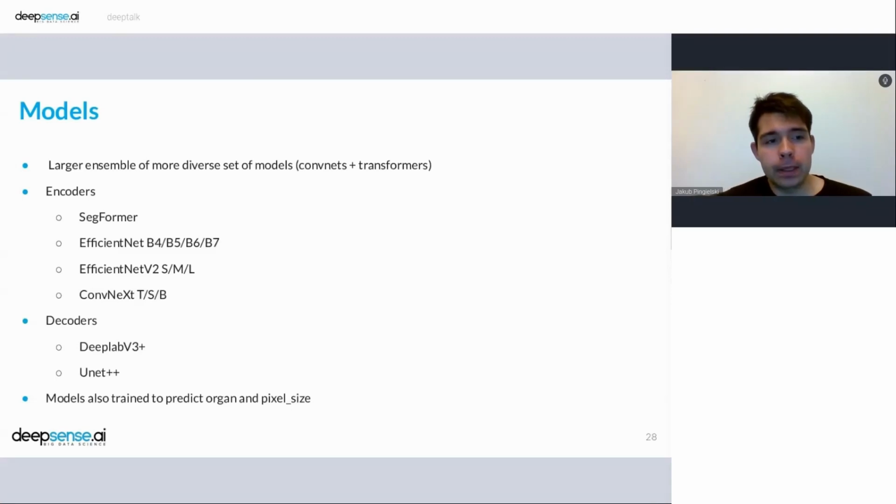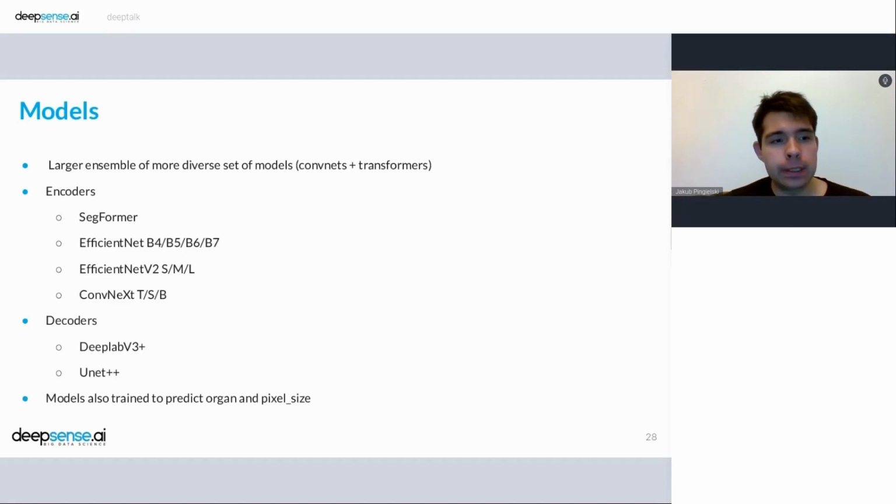Another thing that some people did differently than me was using different models. So especially most teams use larger ensembles than mine and use a more diverse set of models. So I've used only 5 models, and they all had models based on transformers. But here most people use a mix of convnets and transformers.